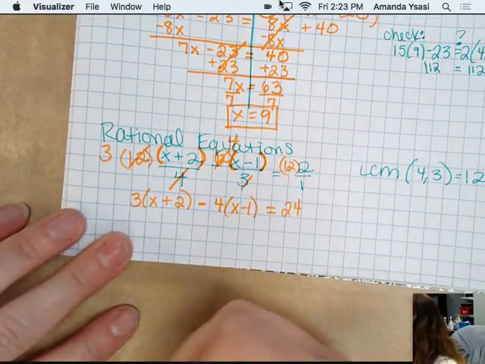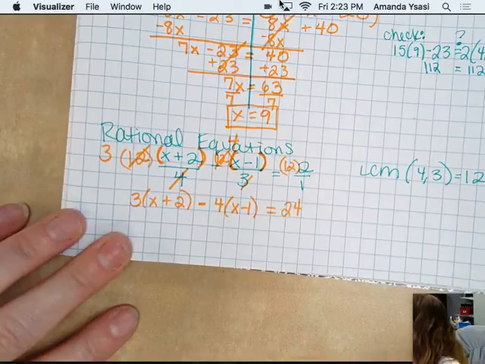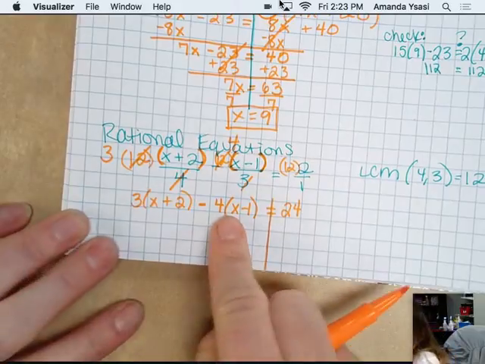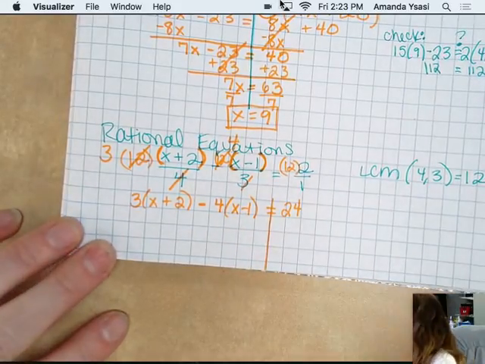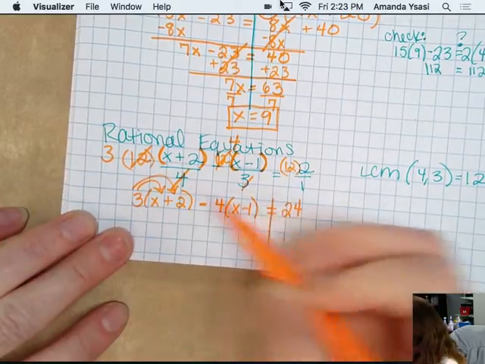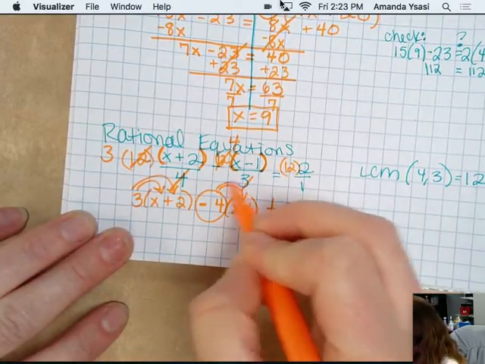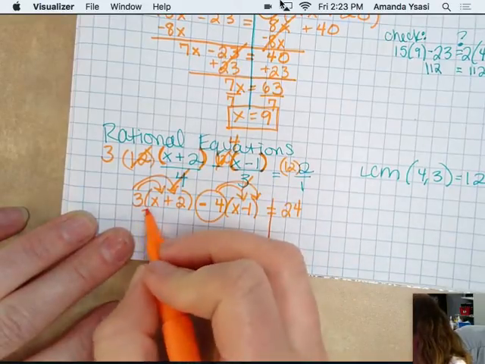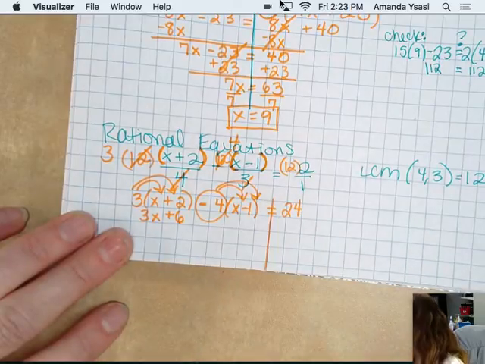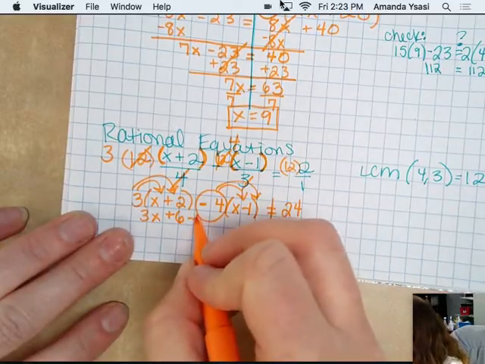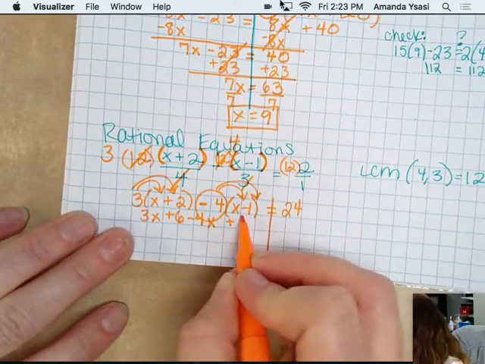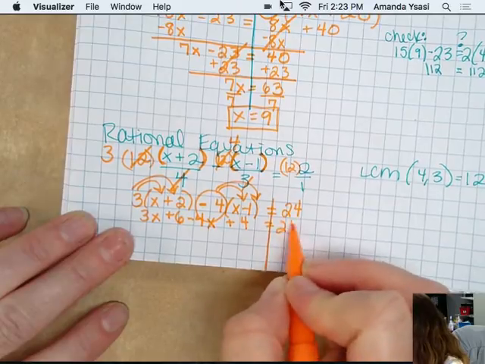So now all we need to do is solve it. On the left-hand side, we need to simplify by distributing and combining like terms. So 3 times x is 3x. 3 times 2 is 6. Negative 4 times x is negative 4x. And negative 4 times negative 1 is a positive 4. Equals 24.